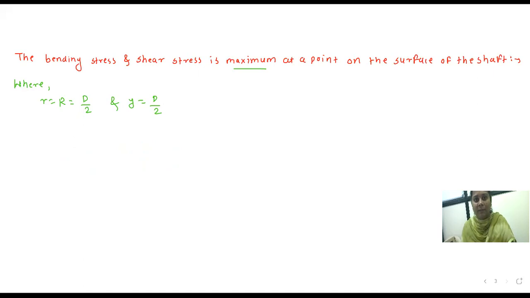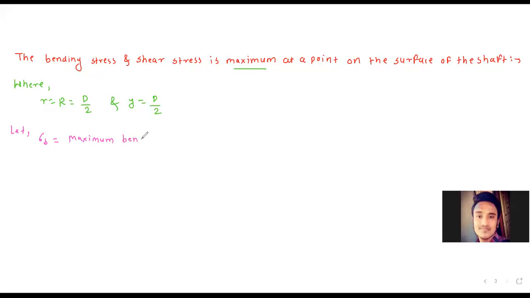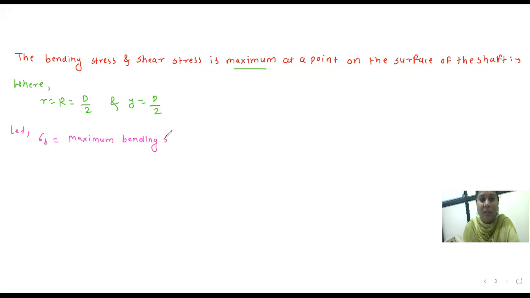Now let sigma b be the maximum bending stress, that is, on the surface of the shaft.